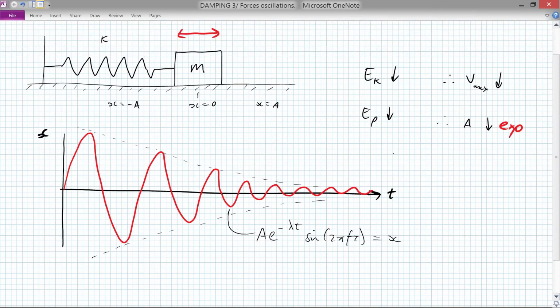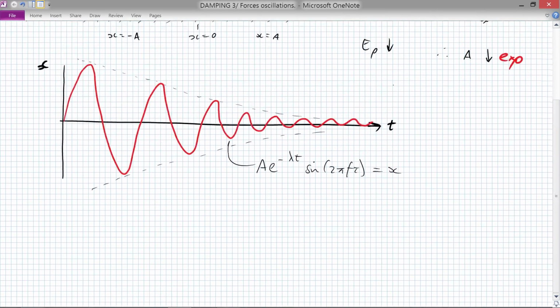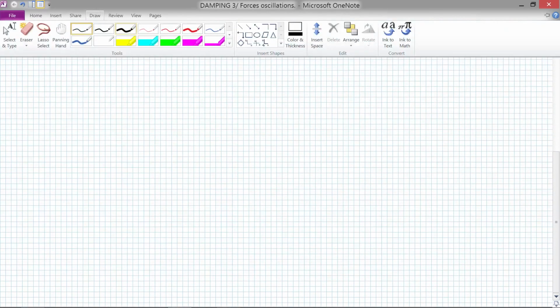Another thing we said is that v should decrease. Now we can actually tell from this that v decreases with time. Let's just zoom in on part of this graph to make this a bit more explicit.